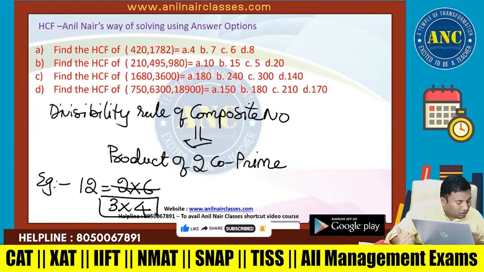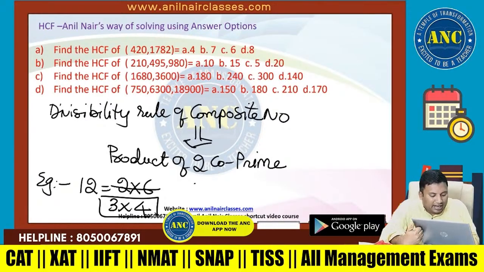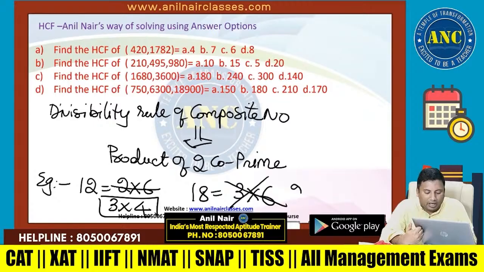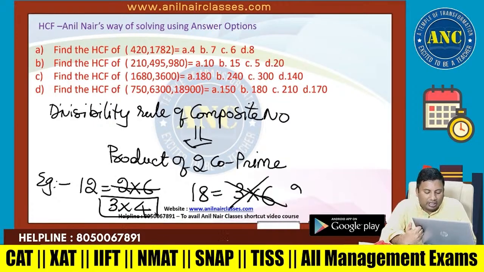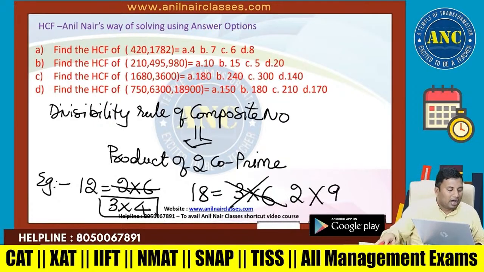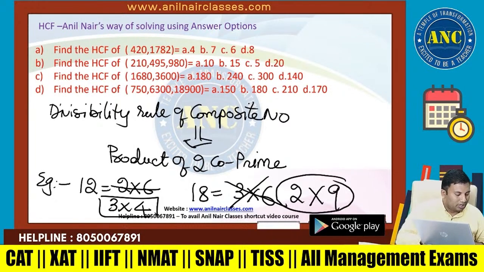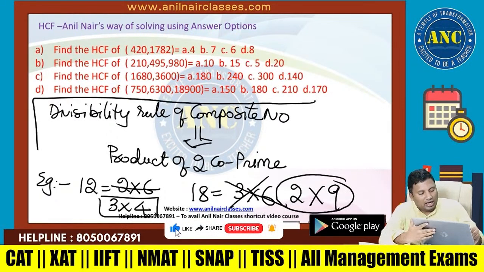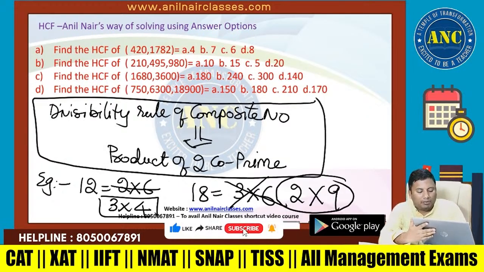So according to you, 18 cannot be written as 3 and 6, because they are not coprime. You should use the divisibility rule of 2 and 9. I hope you have understood the mistake you made. The composite number divisibility rule is a product of two coprime numbers.